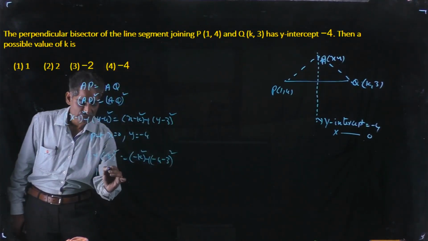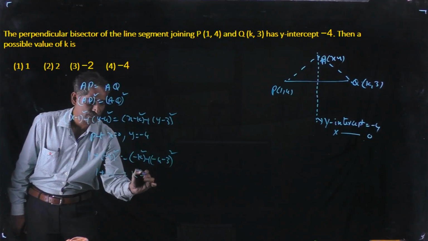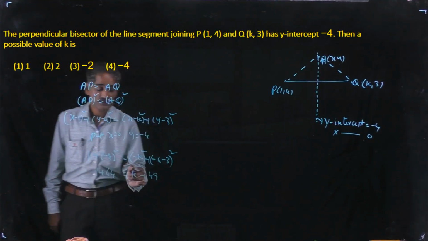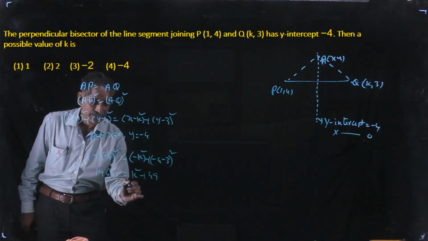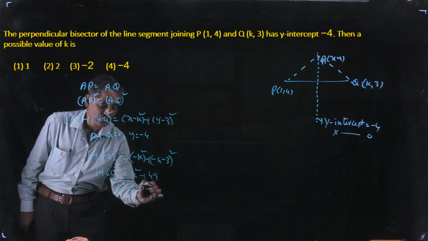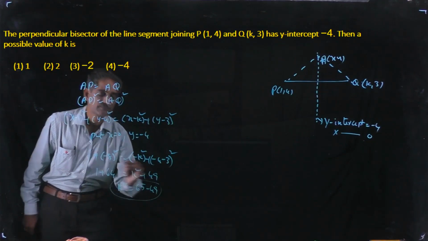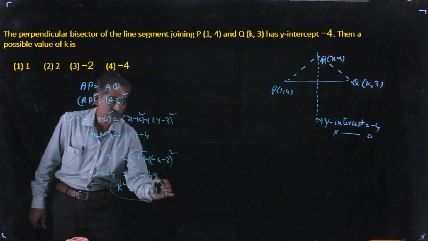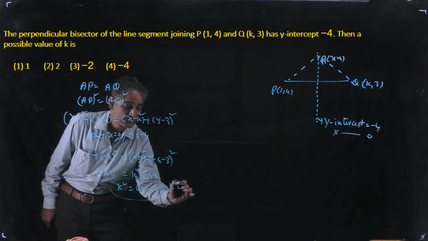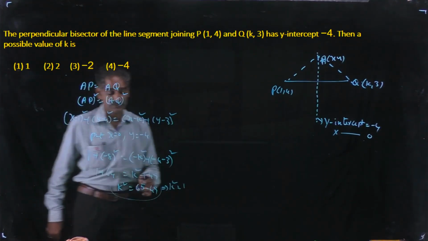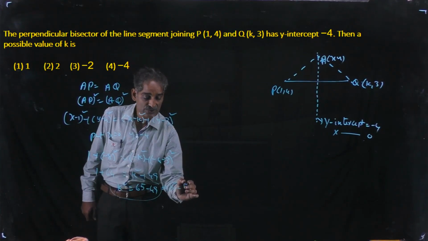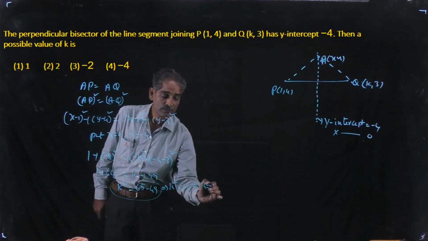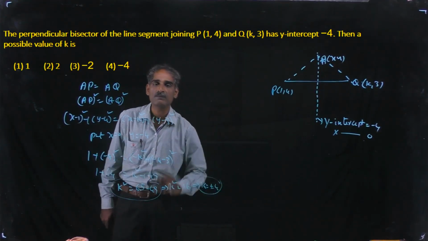So 1 + 64 is equal to k² + 49. So k² equals 65 − 49, so k² is equal to 16. This implies k is equal to plus or minus 4.